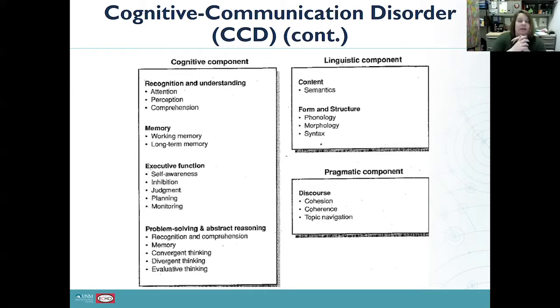So to be a successful communicator, you really need to have each of these three boxes completely intact. And when you start to have some slippage there because of different types of brain damage, you're going to have some problems with communicating.